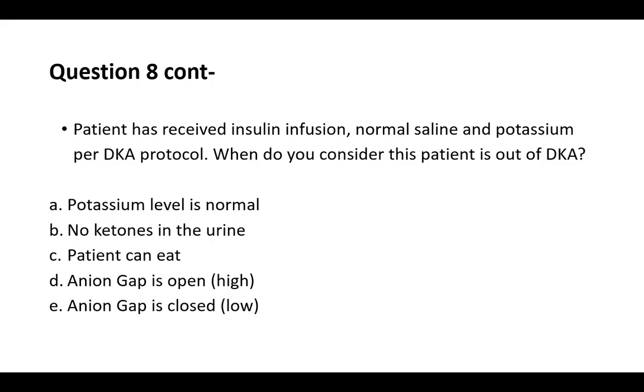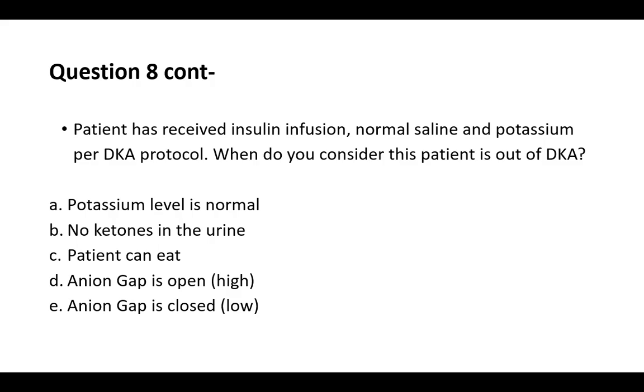If the patient can eat, he's out of DKA? Anion gap is open? Anion gap is closed, that means low, so low acidosis. And by the way, this is very important.